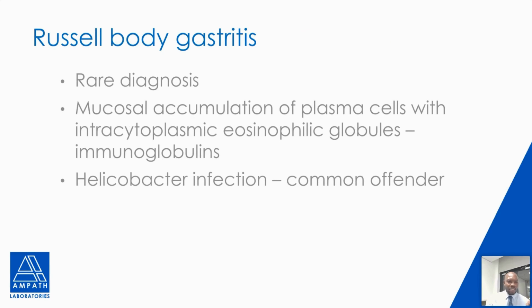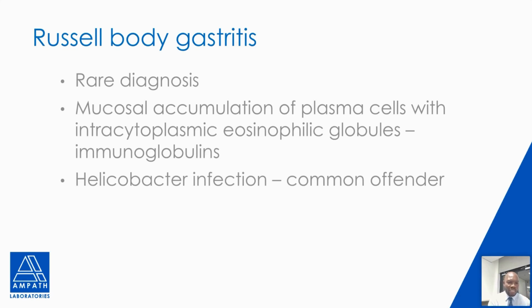Russell body gastritis. This is a very rare diagnosis that we may have. For these patients, the biopsy shows accumulation of plasma cells which contain intracytoplasmic eosinophilic globules, which are actually immunoglobulins. The most common offender in these instances is usually the Helicobacter pylori infection. So it's just another phase.